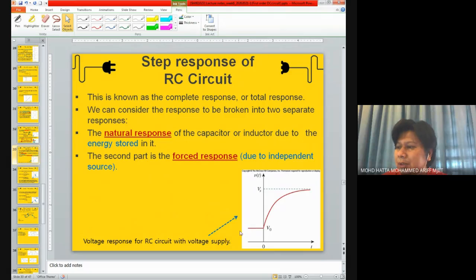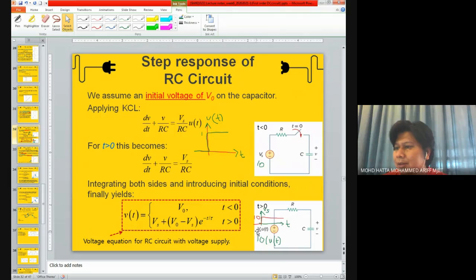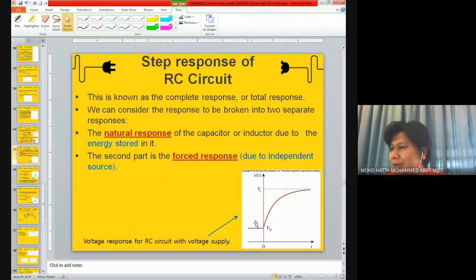For example, the first part here is for t less than 0. For t less than 0, if you look back, the value of V of t is V naught. So here, you see that V naught for t less than 0. Maybe I'll try to draw here. This part is for t less than 0.